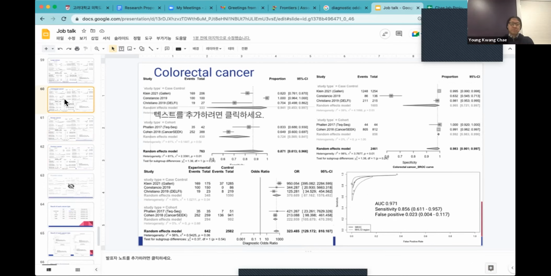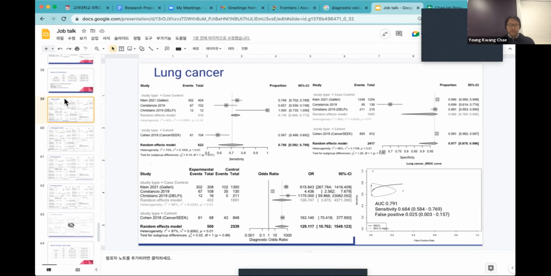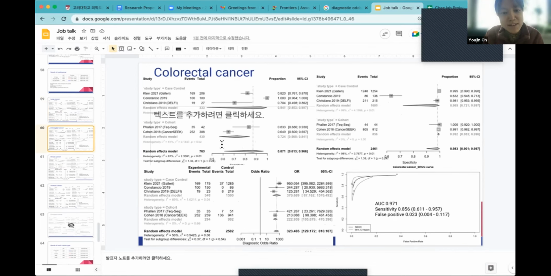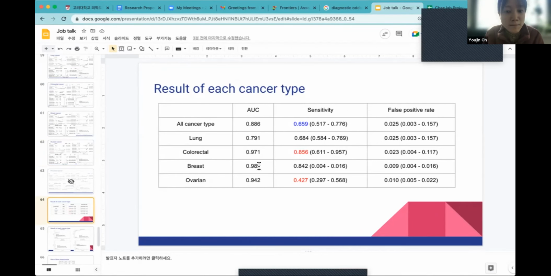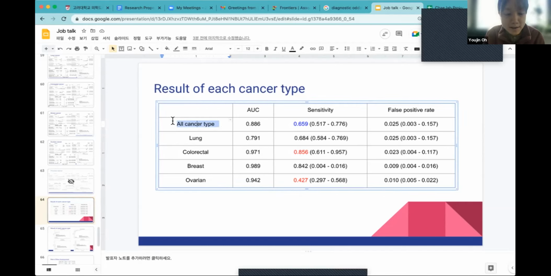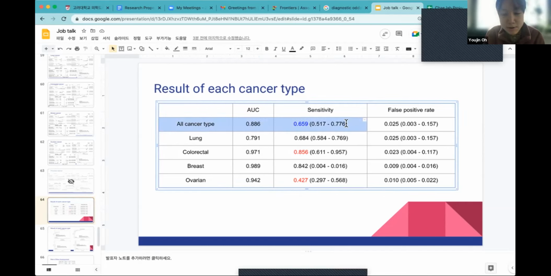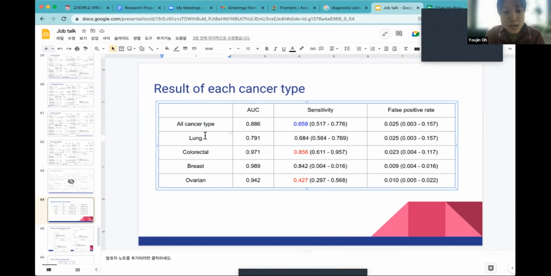Yes, and if you see the pooled range that it shows, sometimes it's not that reliable, but still I pooled that up. If I set the baseline result as all cancer types, multi-cancer, then we can compare each cancer type result.